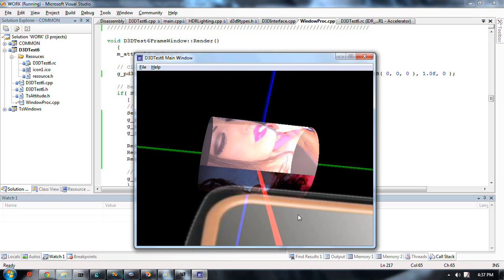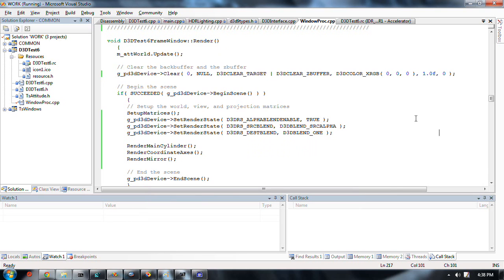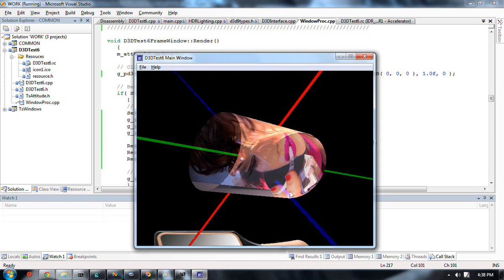Now that mirror's got its own alpha, but I guess the scene itself has some alpha defined, does it? No, I don't know. I'll have to look at the help for that.